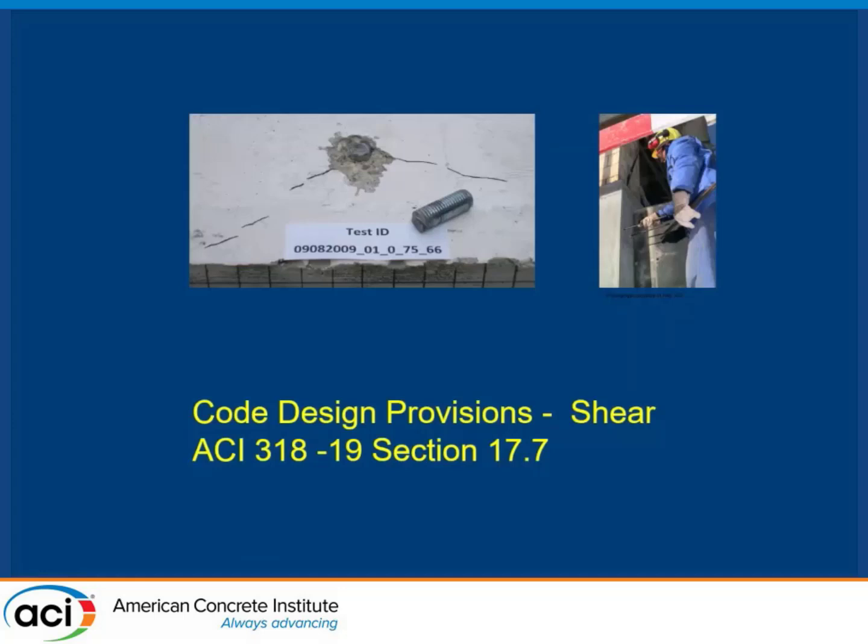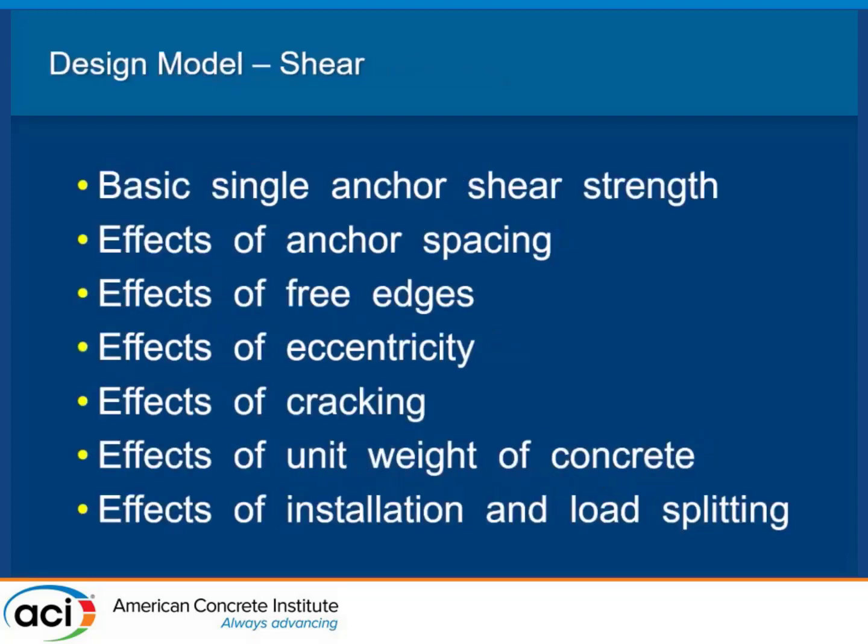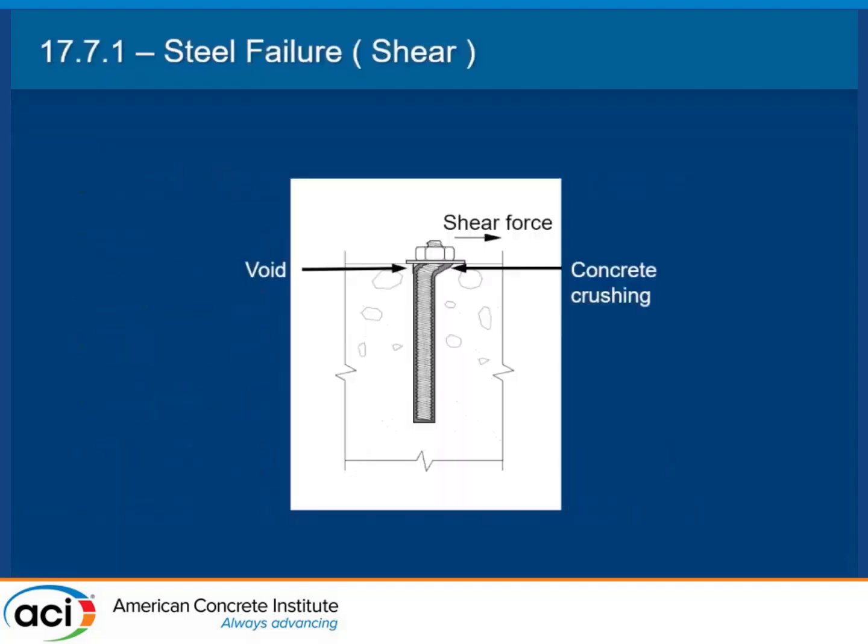Shear, not as much. Once again, we only have 3 things we're looking at: steel, breakout and pry-out strengths. Very similar things that we're looking for in all the factors in the equation. Steel failures, it's the shear force. Here they're showing a little bit of crushing in front of, say, an epoxy anchor, but this is still considered a shear failure.